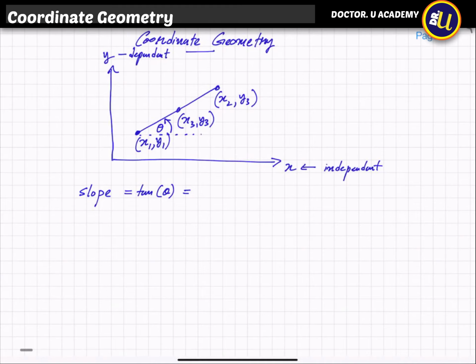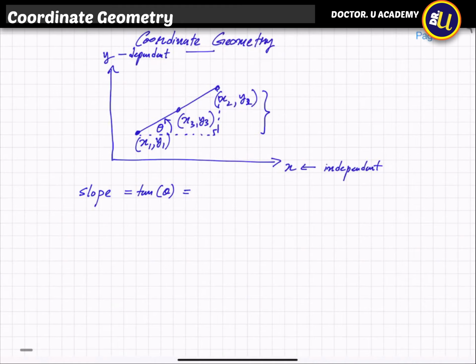Since this is a straight line, we can have a right angle triangle and we can have the opposite and the adjacent. So this would be y3 minus y1. Sorry, this is y2 actually, it was a mistake.